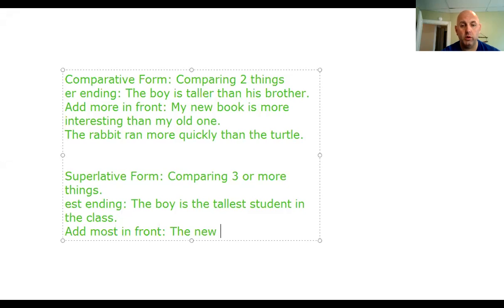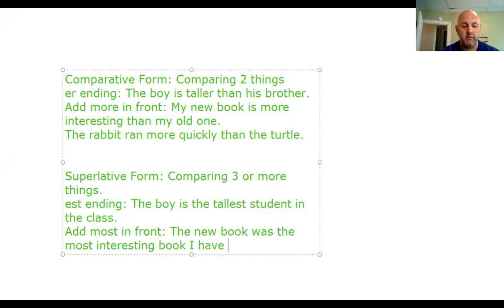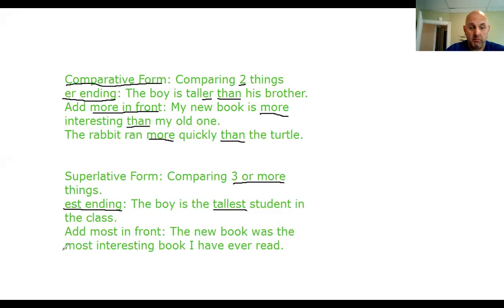The new book was the most interesting book I have ever read. So I am talking about a big group of books, and I have added in most interesting, most to talk about a big amount, more than three or more things that I'm comparing. I'm adding the word most.